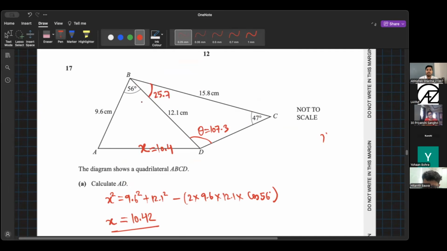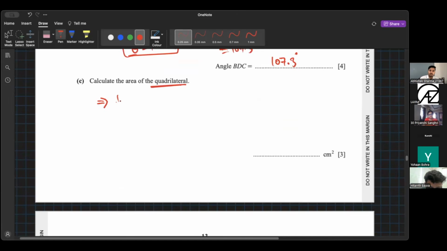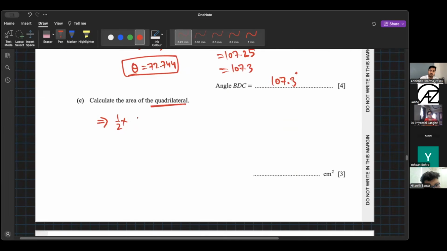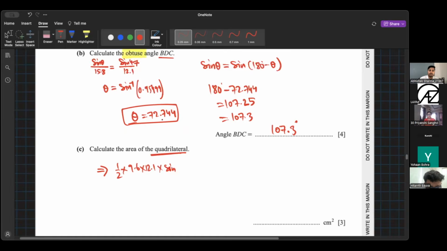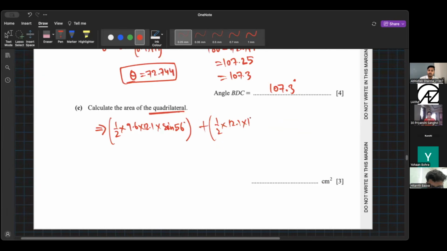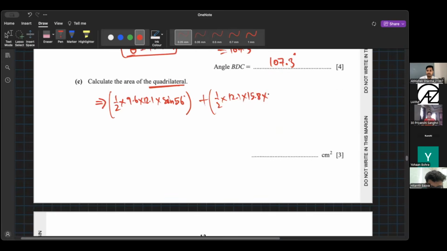Now we can do half ab sine C, right? So for the first triangle, it is going to be half into 9.6 into 12.1 into sine 56, plus the other part, again half into 12.1 into 15.8 into sine 25.7.